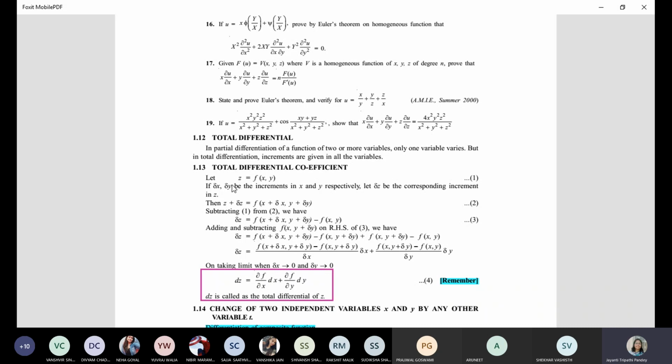Like if z is a function of x and y, then dz, d represents total, delta represents partial, keep that in mind. dz is del f by del x dx plus del f by del y dy. Then dz is called the total differential of z. Please note this much.